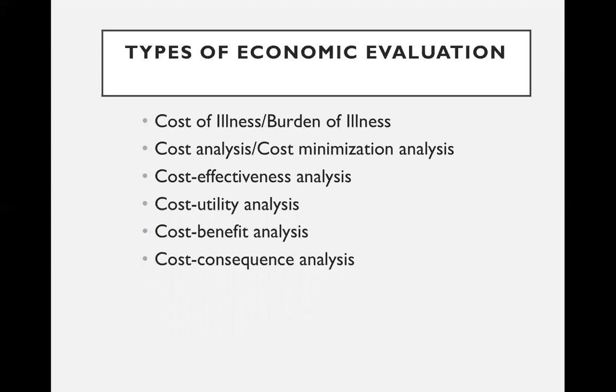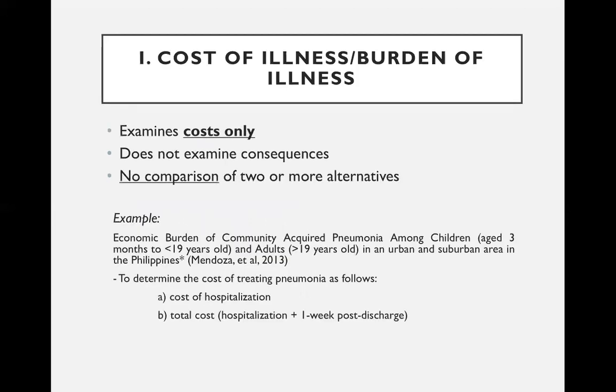Okay, so now let us delve into the different types of economic analysis or economic evaluation. The first is cost of illness or burden of illness analysis. Now, cost of illness examines the cost of addressing a certain disease. It does not examine the consequences, or it does not really look into the effectiveness, but it only computes for the amount of money that is inclusive of treating a certain illness.